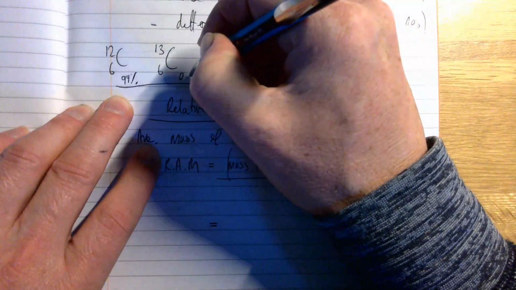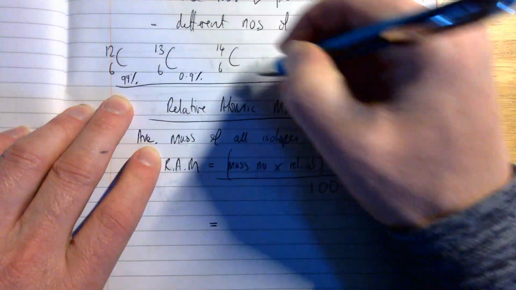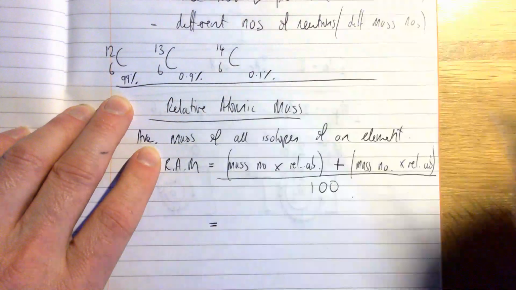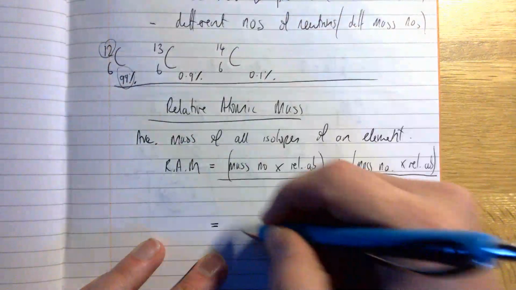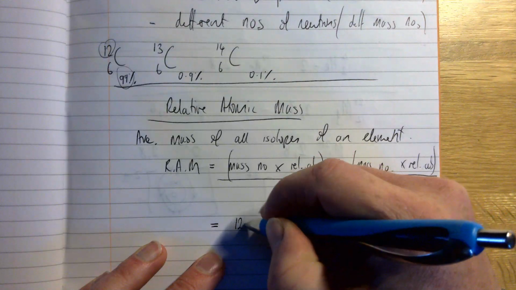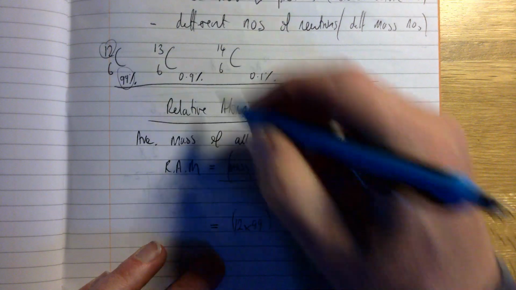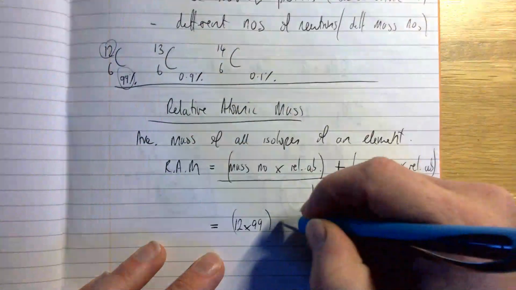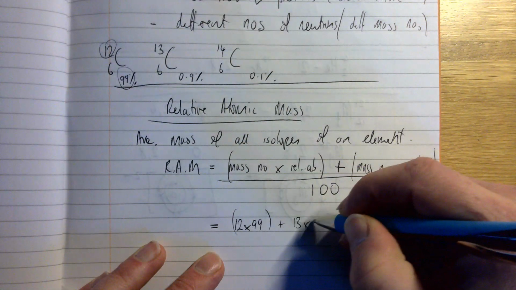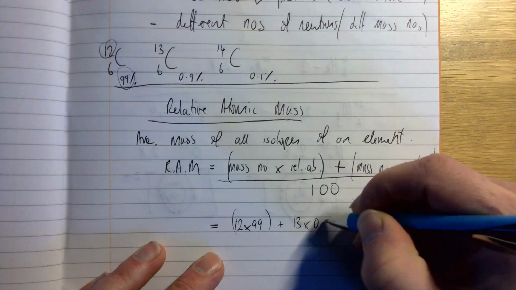Let's say 0.9% of that one, and 0.1% of that one. You do this number times this number, 12 times 99. Add this number times this number, add this times this.